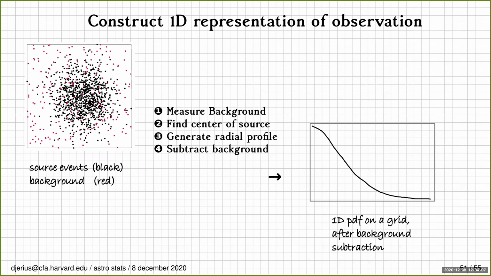So when we find the center, I usually use some sort of a weighted sigma, with clipping. So how do you find the center? The center does affect what happens. We often, when we find centers and we look at a profile, which you see on the right hand of the screen, see that the center actually goes down because we've missed the center. And so we're starting to measure from the wrong place. Anyway, we generate a radial profile, we subtract background, and we get essentially a 1D PDF.